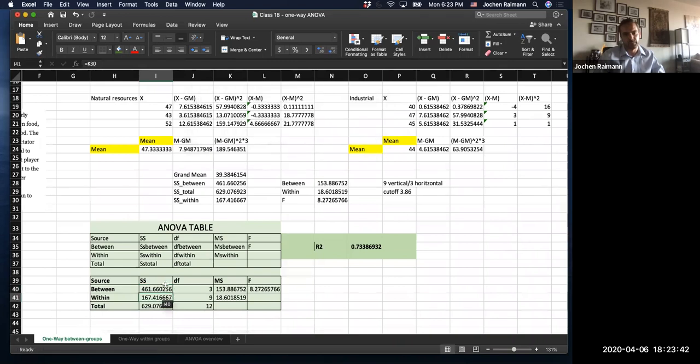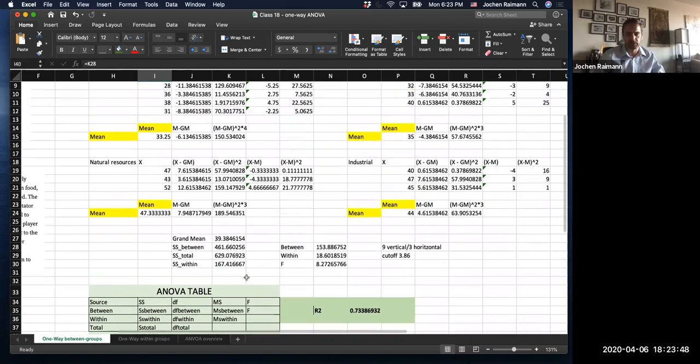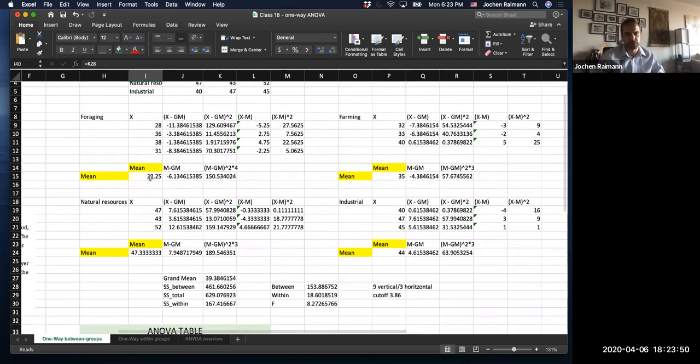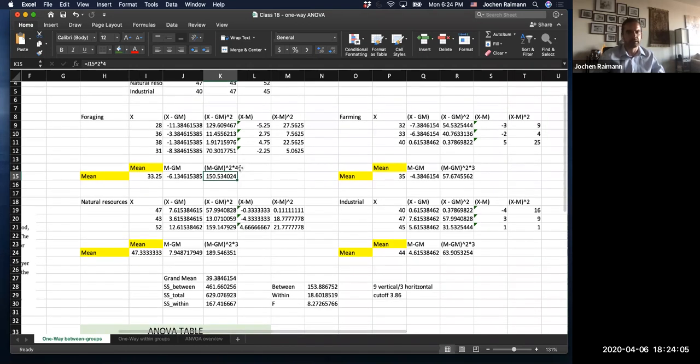So now, lastly, if you want to calculate the sum of squares between, you can do that by calculating the group mean minus the grand mean, which gives you a difference. Squaring this and multiplying it by the n within that group gives it a weight, and that's why you need to multiply it by the n.